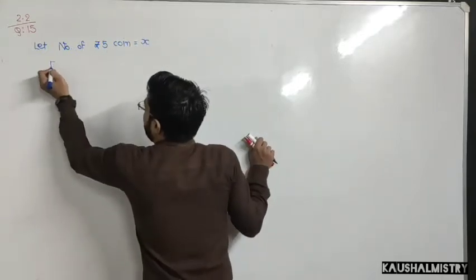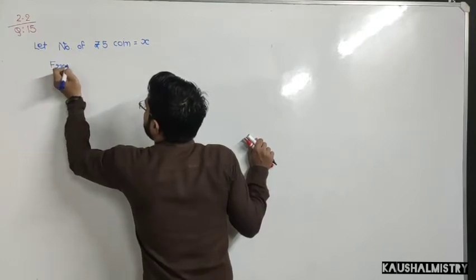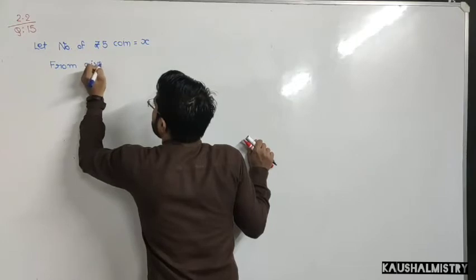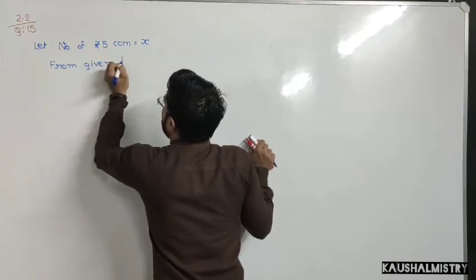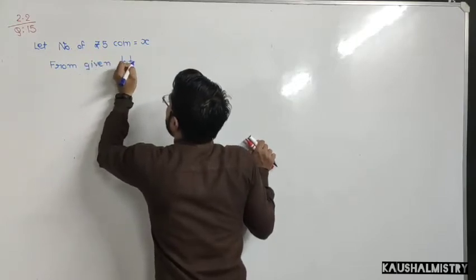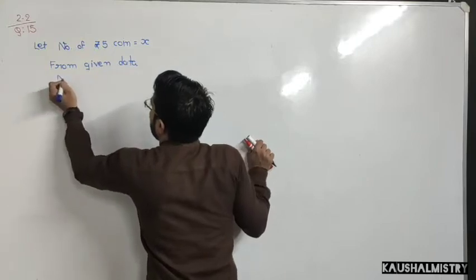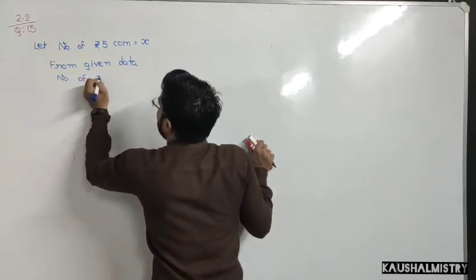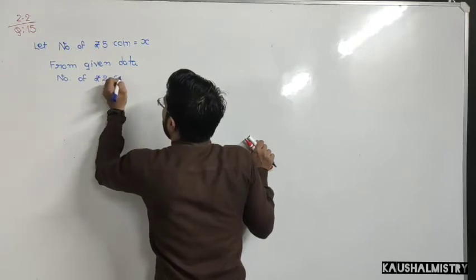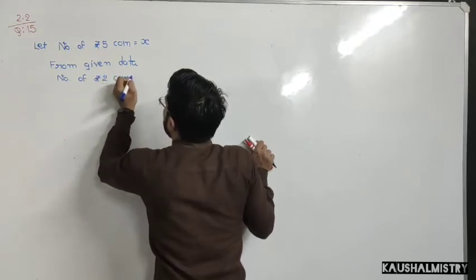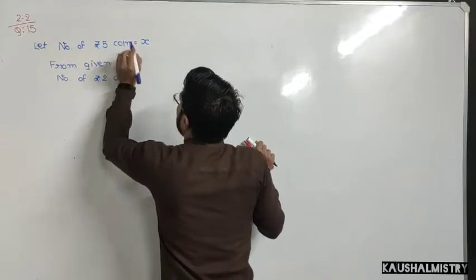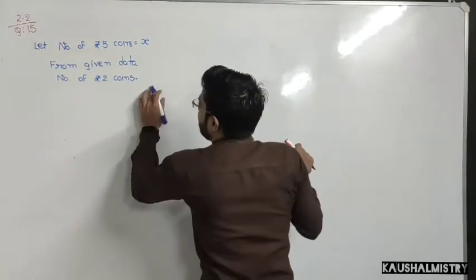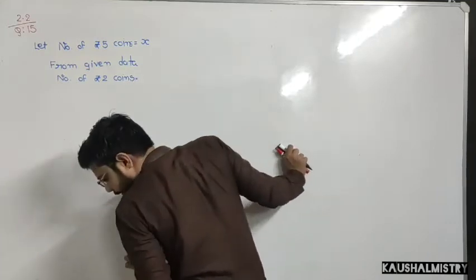और हमें दिया गया है from given data, number of rupee 2 coin will be 3 times it, right?